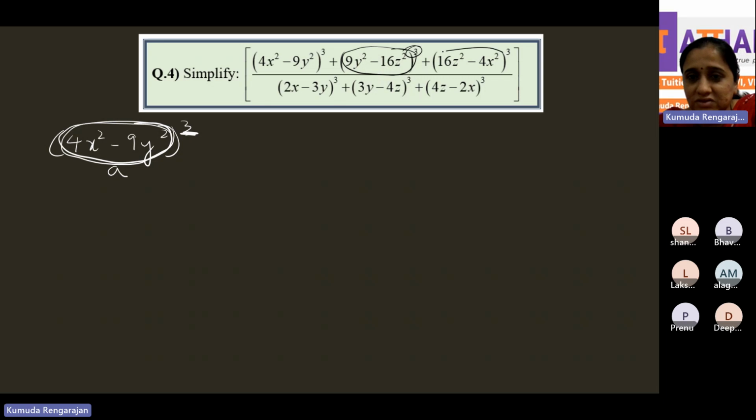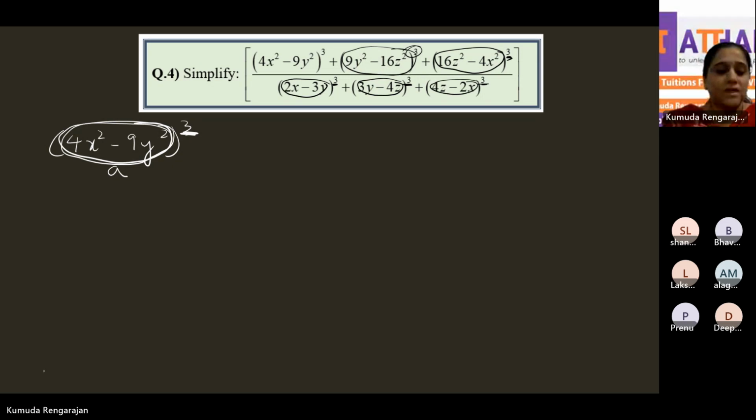This one is C, and this is C cube. In the denominator, if you call it PQR, this is P cubed, Q cubed, R cubed. All right.